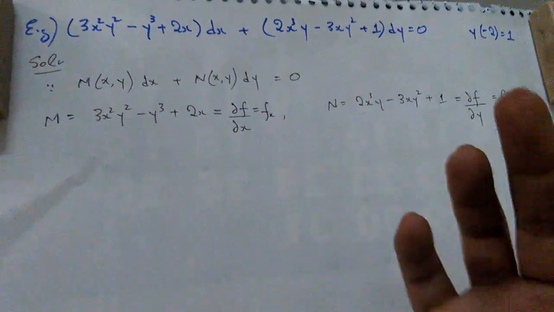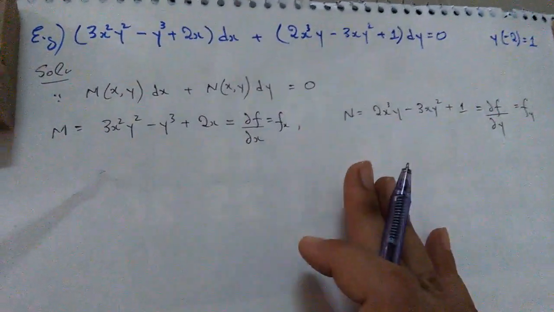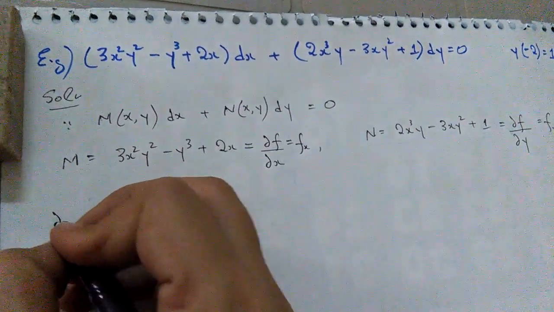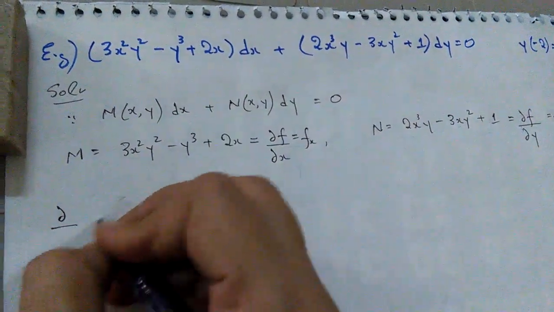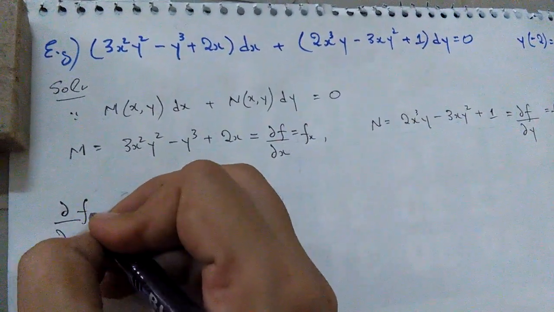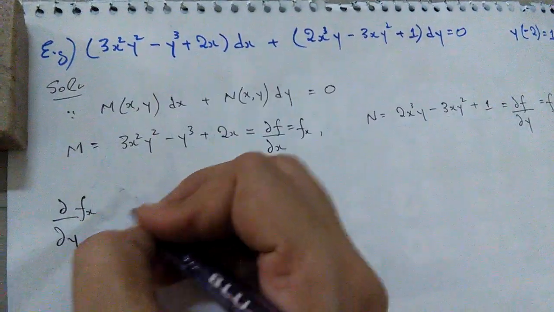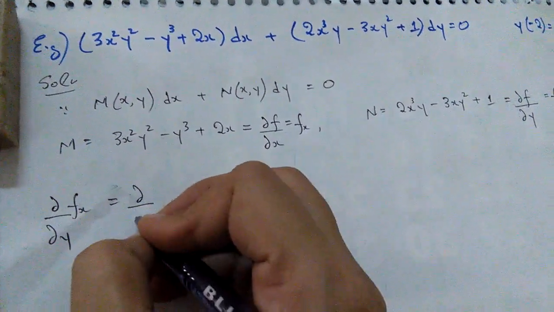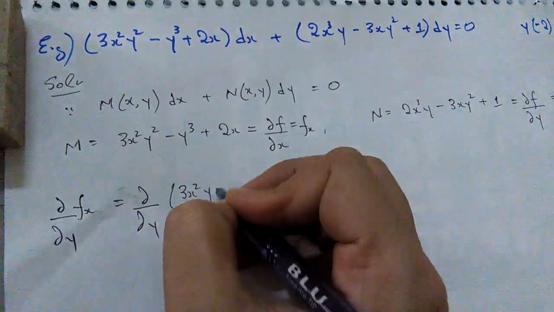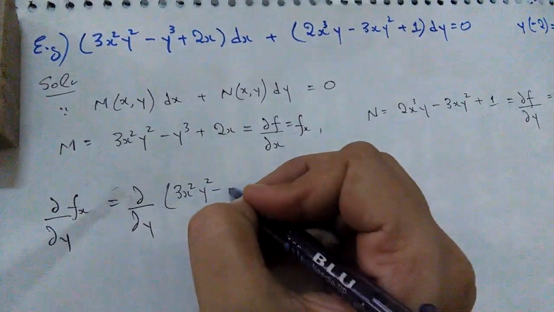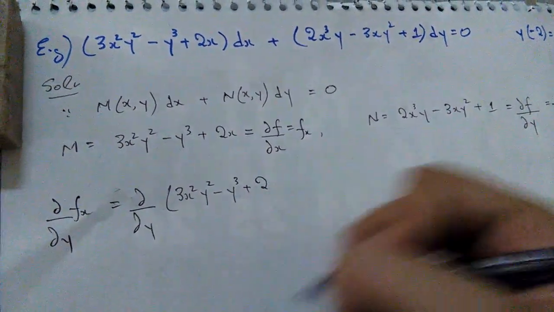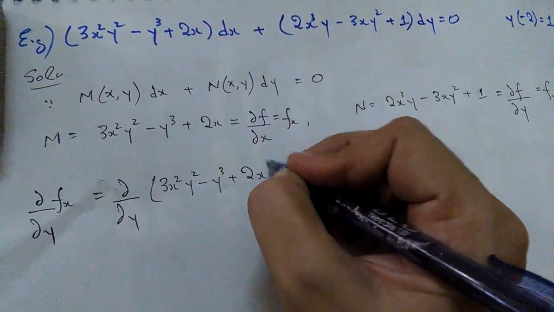Now in order to check whether it is really exact or not, we are going to differentiate this fx with respect to y. Whenever we differentiate any expression with respect to y, the other variable involved there behaves as a constant.